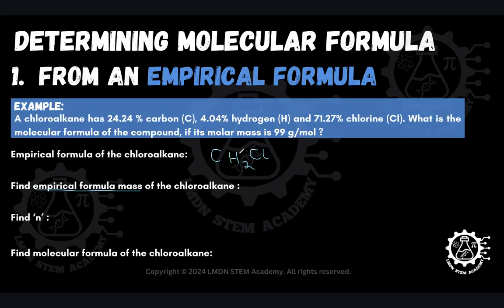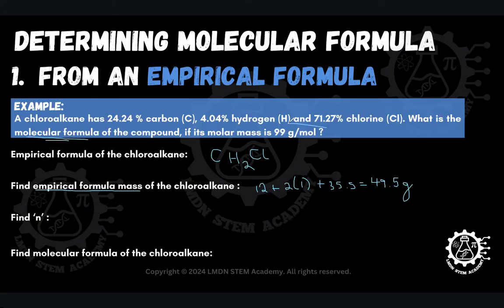We're just going to add up all of the relative atomic masses that we get from this compound. So that would be for the carbon, it's 12 that we are adding to 2 hydrogen. So it will be 2 times 1 plus the chlorine, which is 35.5. So that empirical formula mass will be 49.5 grams.